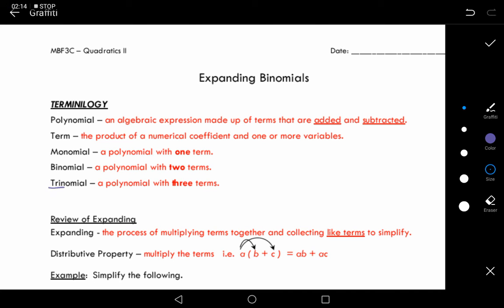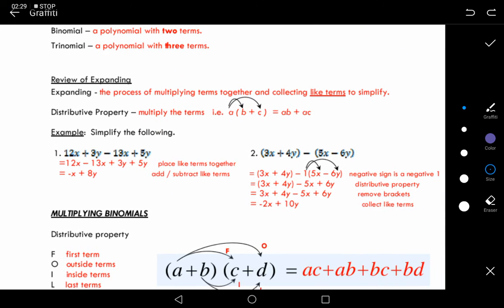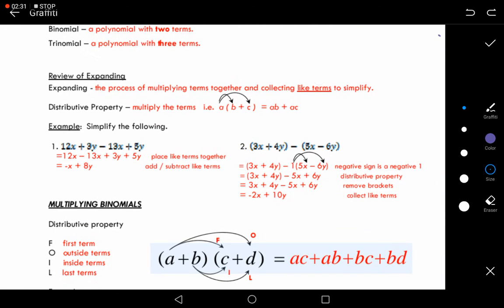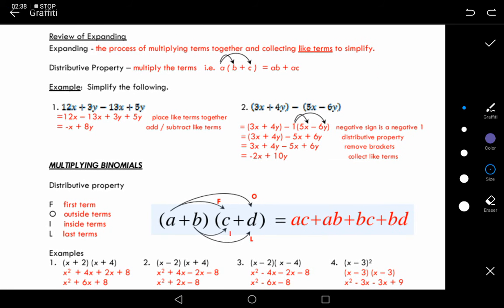Tri means three. Think about tricycle. That is a polynomial with three terms. Okay, so moving on. Because I'm not writing, I'm probably going to go through things a bit faster, so you might have to pause the video to copy those out.